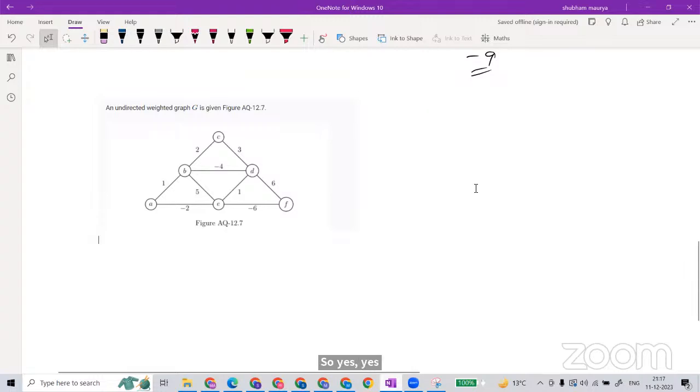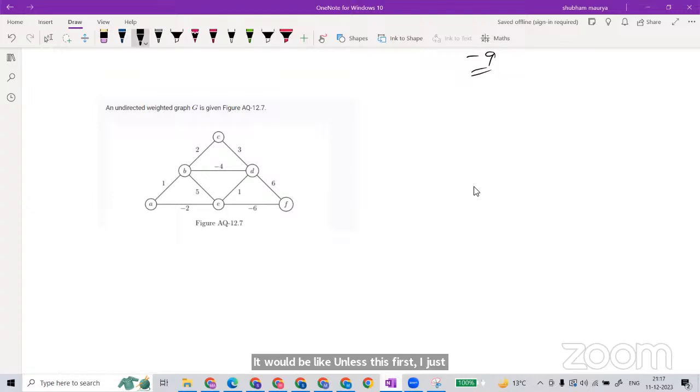Let's first write all the edges: A, B, B, C, C, D, E, D. First, we will write all the edges and assign the weights of those edges and write them in ascending order. And once we write them in ascending order, we will mark those edges.